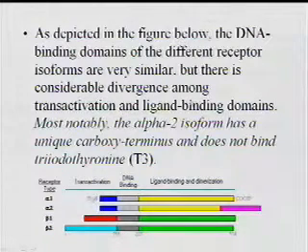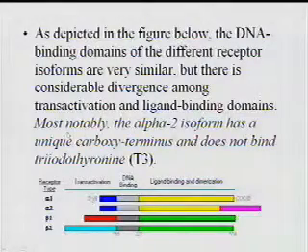There's divergence among the transactivation and ligand binding domains. Here is the ligand binding and dimerization, the carboxy terminus, and the transactivation domain of the amino terminus, and it's, of course, alpha 1, alpha 2, beta 1, and beta 2.